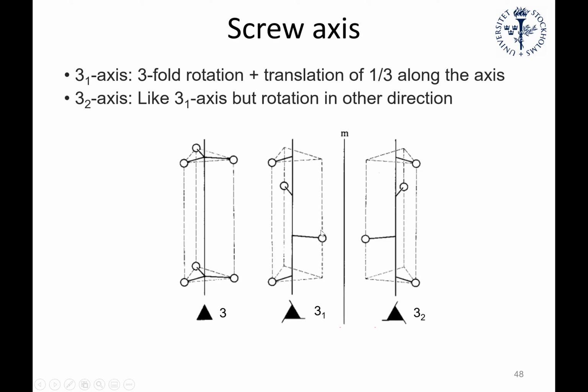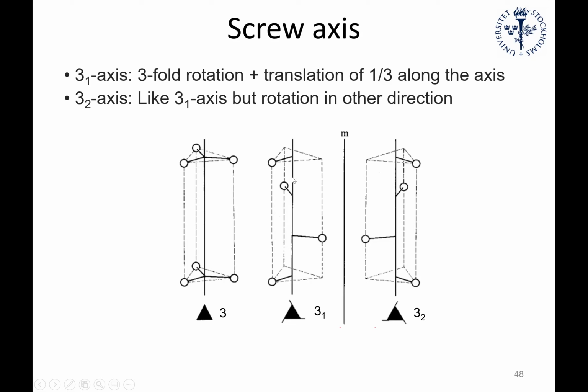You can repeat this again, rotate it 120 degrees and then translate it 1/3 of the unit cell length along the axis, and you end up at this point. And then you repeat this one more time, rotate 120 degrees, translate 1/3 of a unit cell up to end up with the equivalent point in the next unit cell.